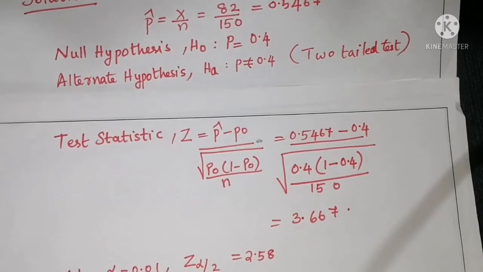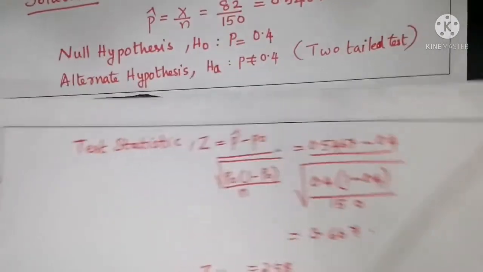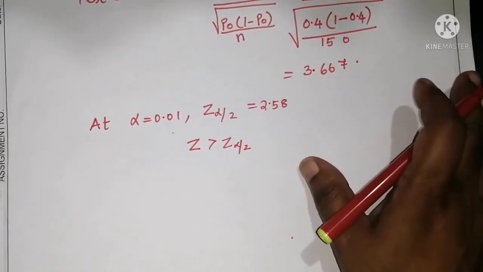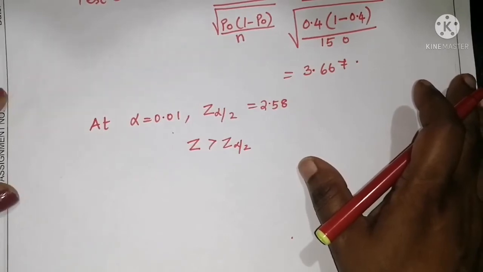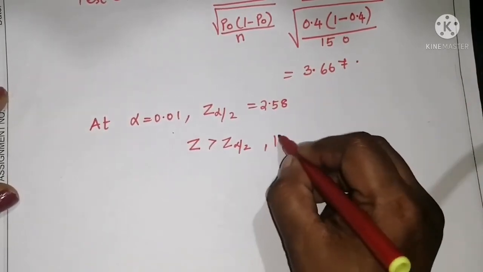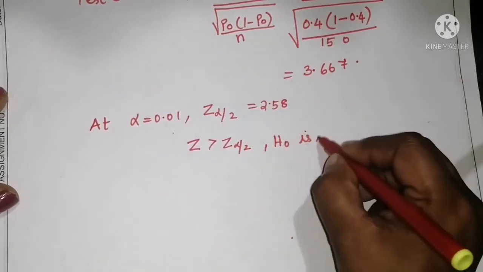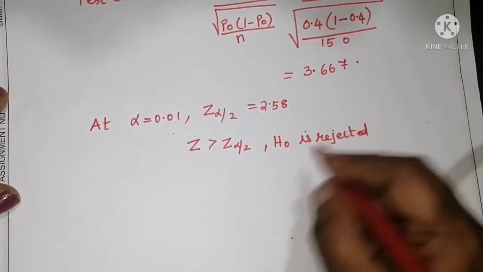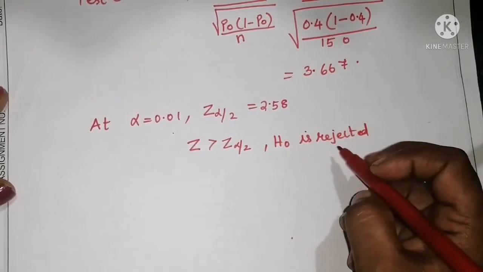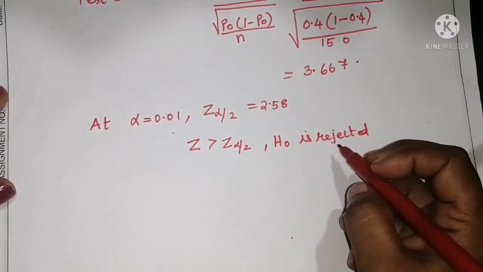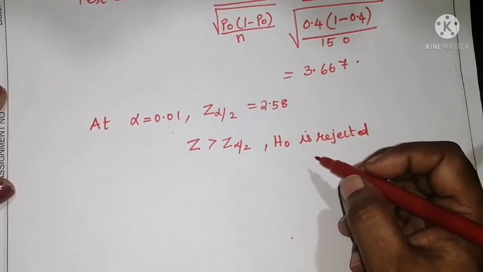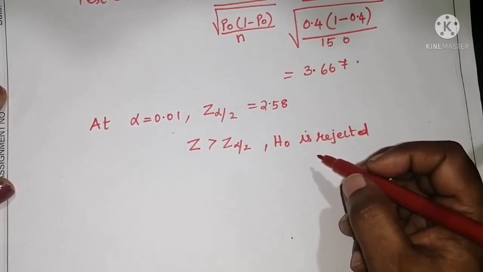So H naught is rejected. That is, P not equal to 0.4, or the population proportion is not equal to 40%.